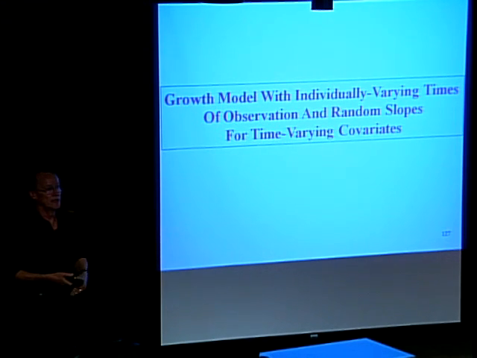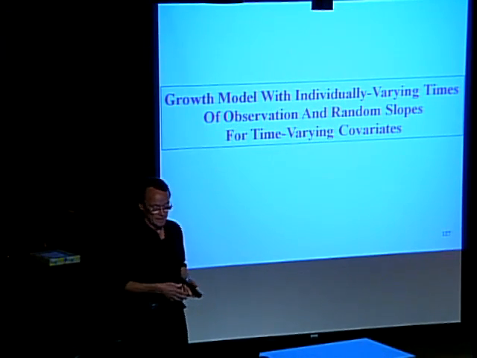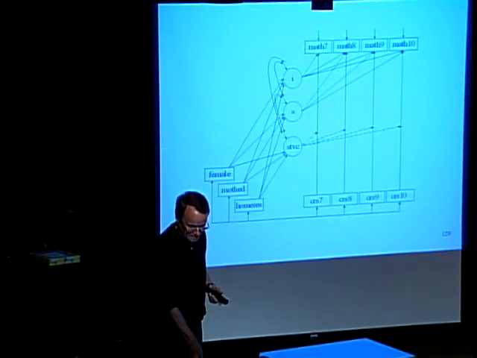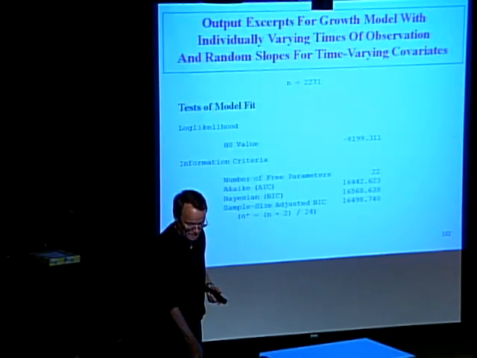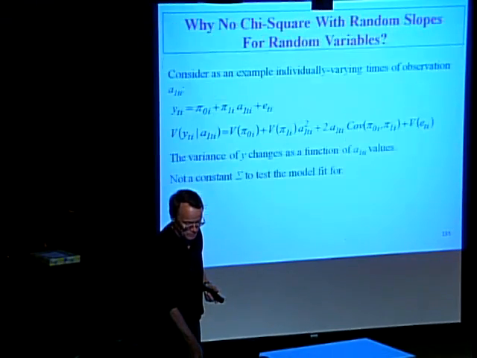Everybody who's in grade 8 is in grade 8. So there was no individually varying times of observation. It would have been if you somehow took into account that people were held back in grades and differed in ages, something of that sort. But anyway, at least we showed how to do it when you need it.